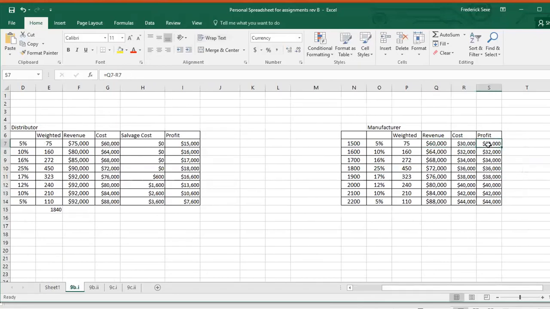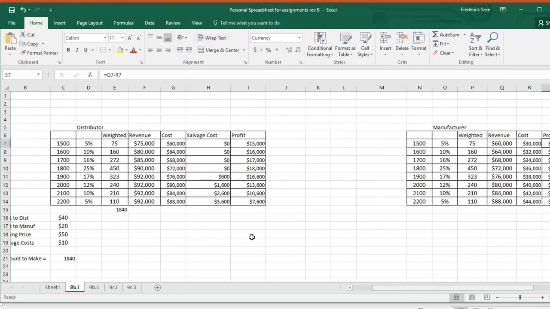Okay, once again, the only difference between the distributor and the manufacturer in this is that the distributor has salvage costs that they regain from any unsold products. And also because of the way that the make to order is, the distributor is only going to order up to the weighted amount.